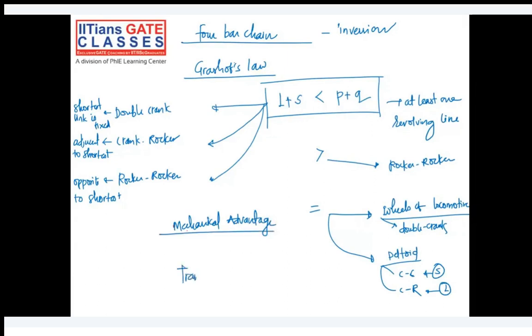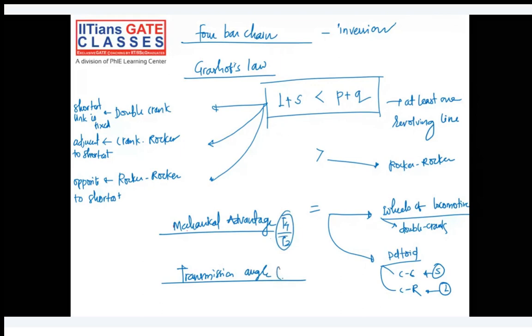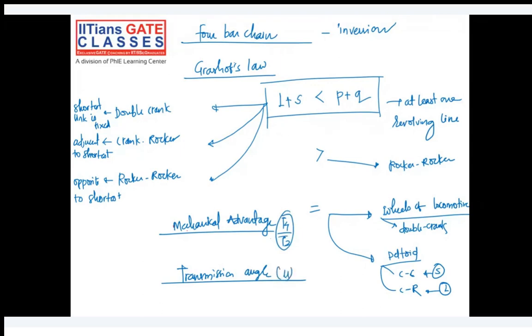Mechanical advantage is the ratio of output torque to the input torque, so it is T4 by T2. And what is transmission angle? The angle between the output rod and the coupler. Generally it is denoted by mu. So this we have also studied, and we also understood how to find the maximum and minimum transmission angle.